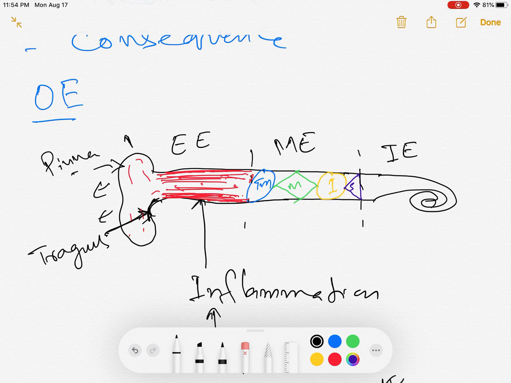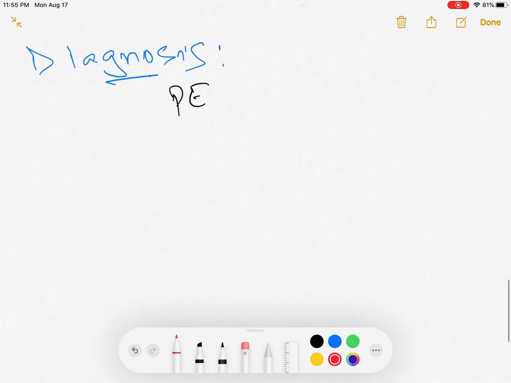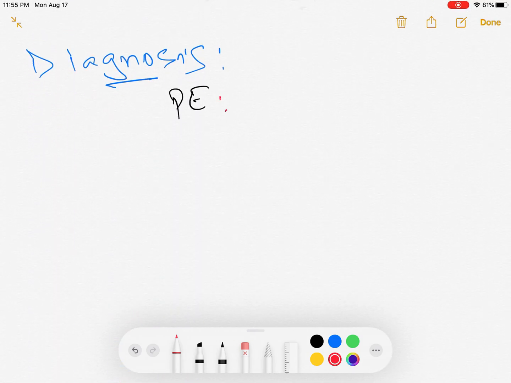So pinna manipulation or tragus tug, when they have pain in these two, that's a classic finding for otitis externa. The other thing is that when you do the exam using the otoscope, you will see erythema and edema of the ear canal. So these are some of the key findings on physical exam that will help you to diagnose otitis externa.